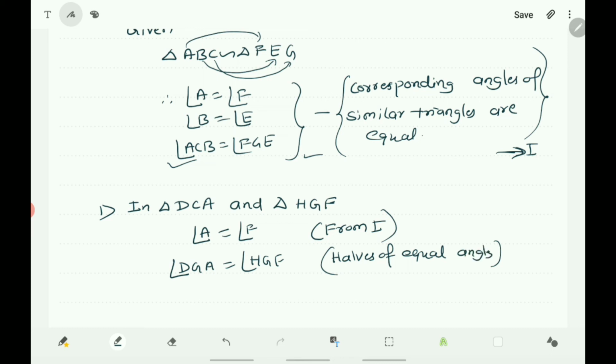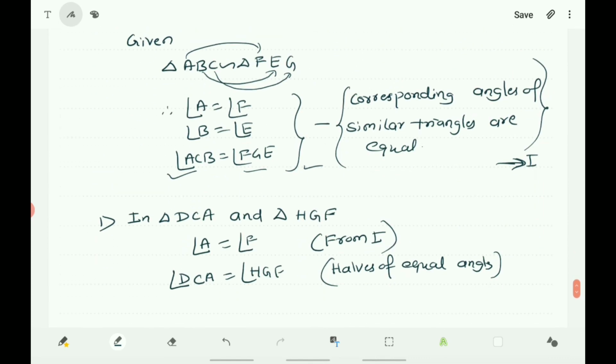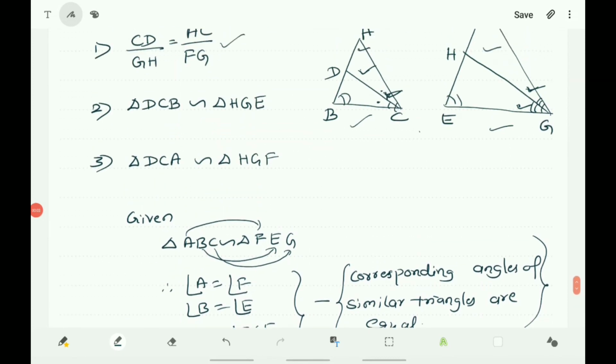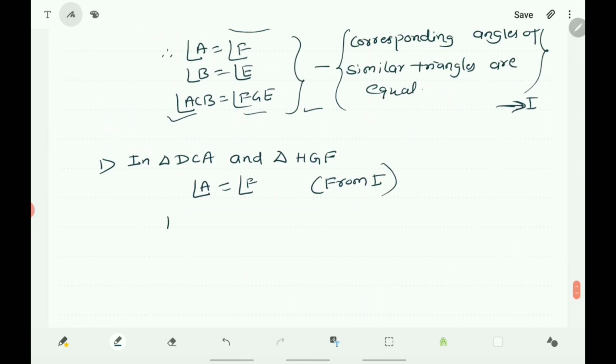Here ACB is equal to FGE, and DCA is half of angle ACB. Next, angle DCA is equal to angle HGF.